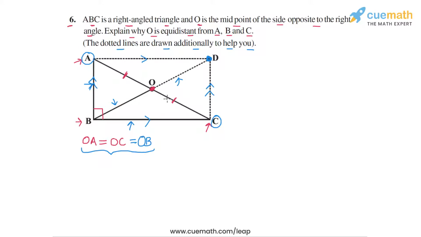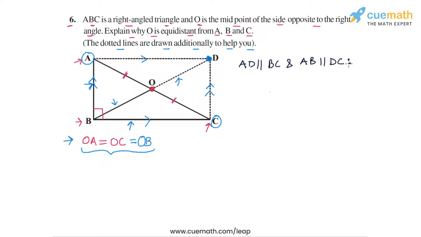Now let's talk about how this construction will help us prove that OA and OC are both equal to OB. What this construction has done is that it has given us this parallelogram ABCD. And why is that? Because we have drawn AD parallel to BC and AB parallel to DC.